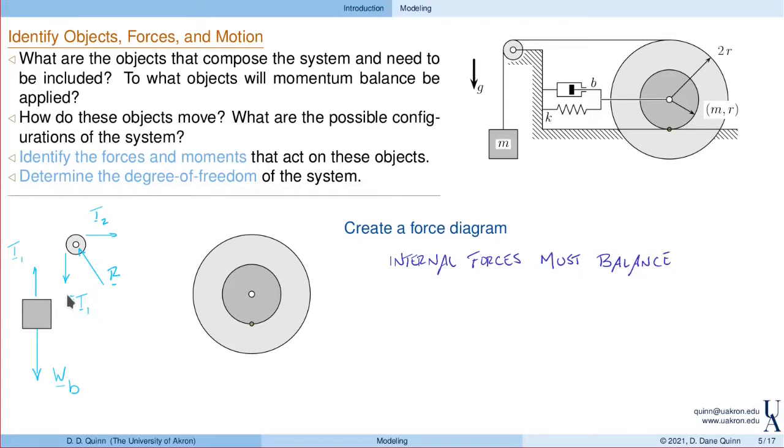Whenever I make a cut, on one side of the cut I have a force. On the other side of the cut, I have the opposite force. So when I add these two together, it equals 0.